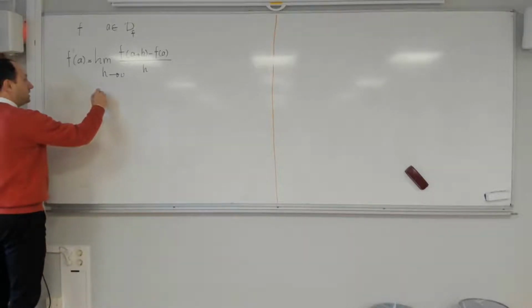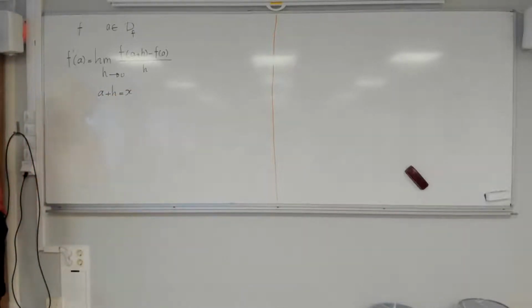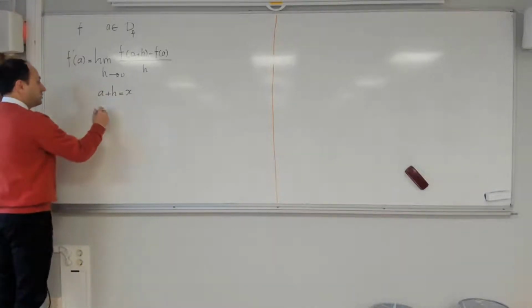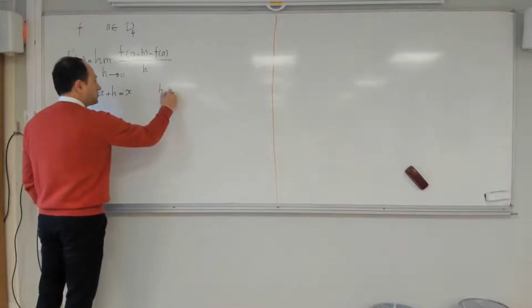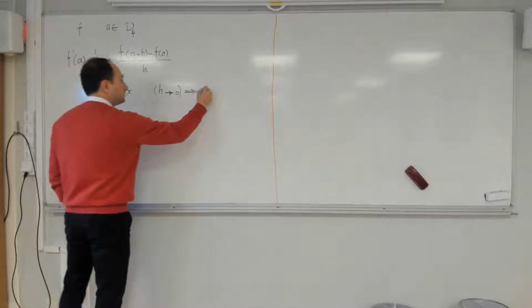Now we can change the name of this expression. For example, I can write a plus h and name it x. Okay, a plus h is equal to x. And then what happens when h goes to 0? When h goes to 0, this will imply that x goes to, can you tell me?